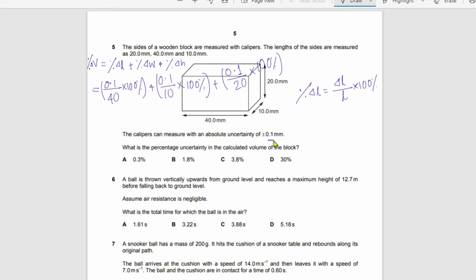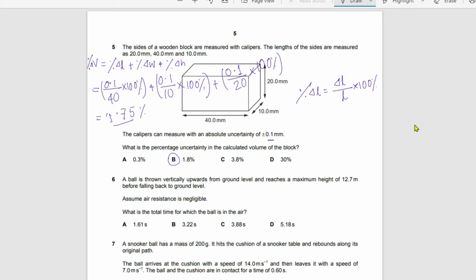So just this way, if you write the equation and solve this, you are going to get 1.75%, and in one significant figure it is 1.8.